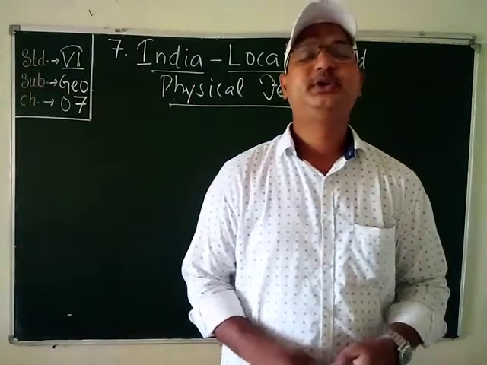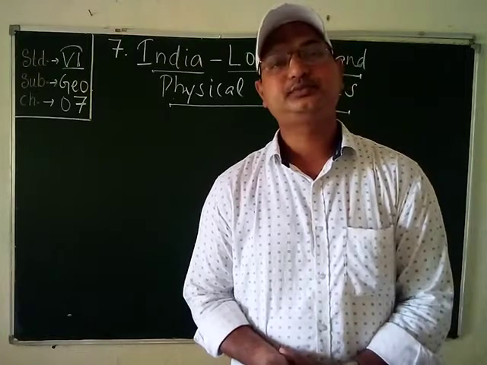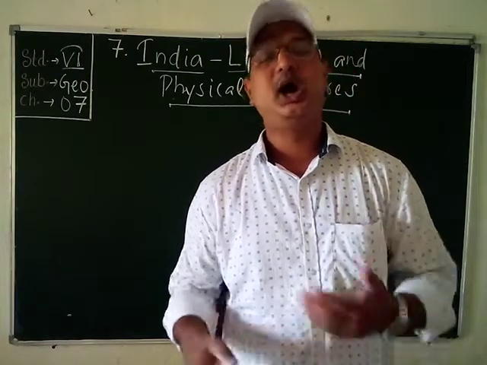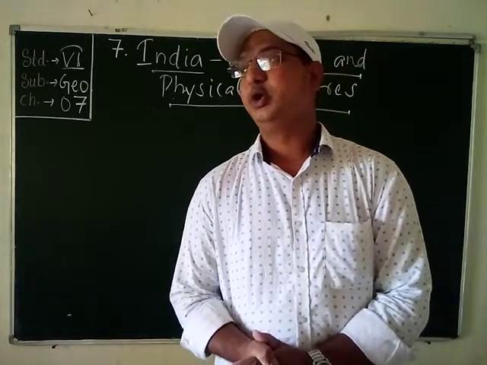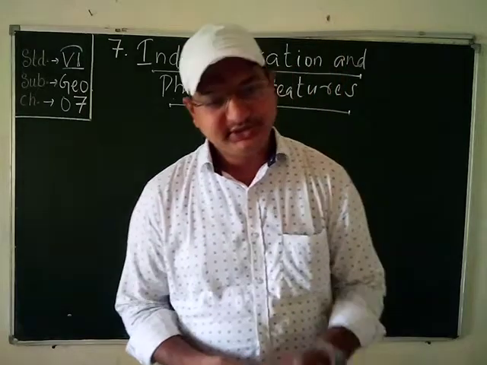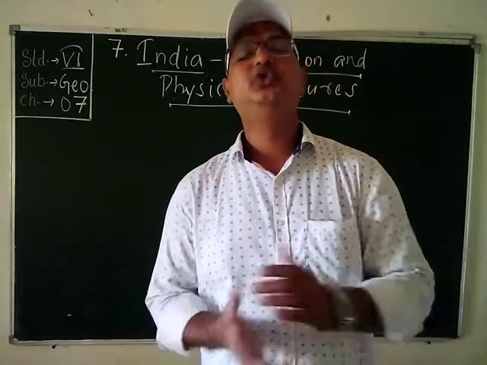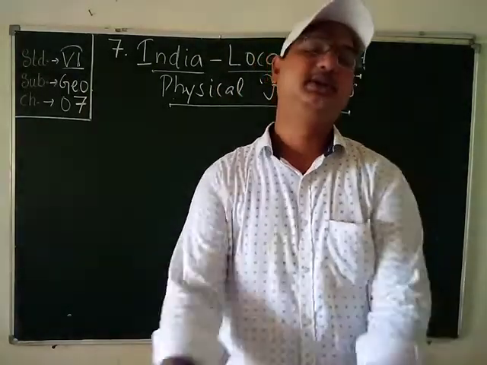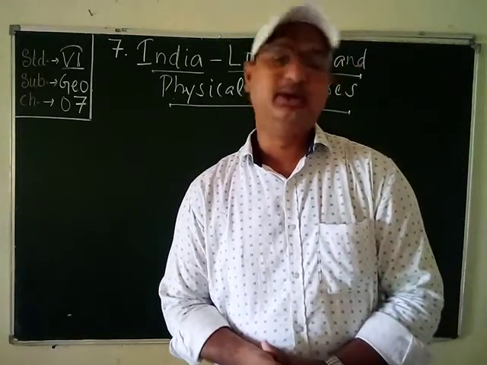Okay, students, this chapter is about our country, India. How our country has emerged and how it has evolved from thousands of years ago, from centuries ago. India, students, our motherland, is a beautiful country. We all know that due to diversities in every field, in every sector, our country is considered a beautiful country.